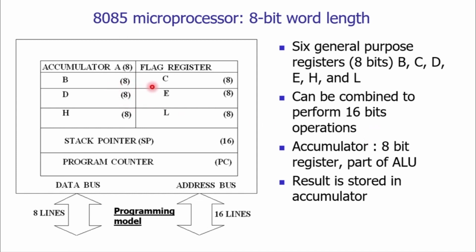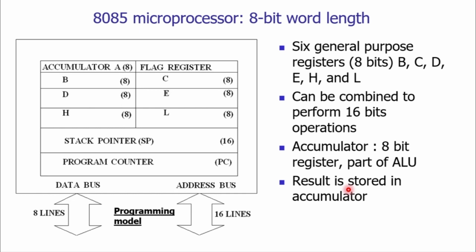In this situation, we can combine these 8-bit registers and carry out processing on higher-bit representation numbers. This 8085 microprocessor communicates with the outside world through the data bus and the address bus. The meaning of data bus and address bus we have seen in our previous lecture.